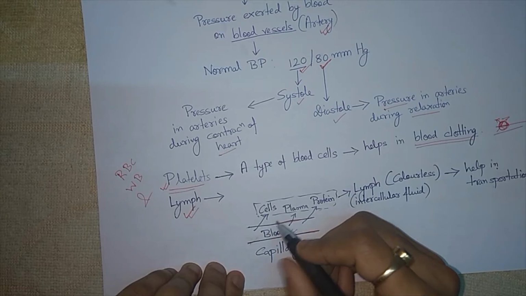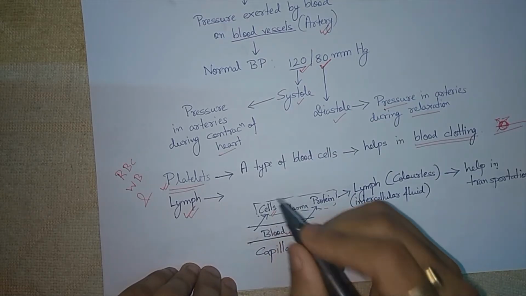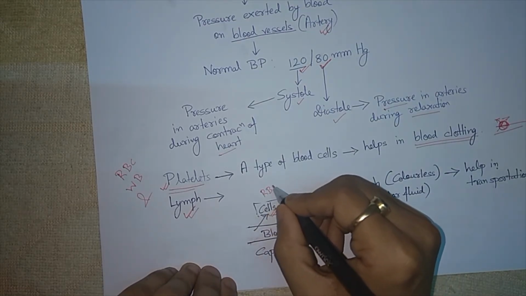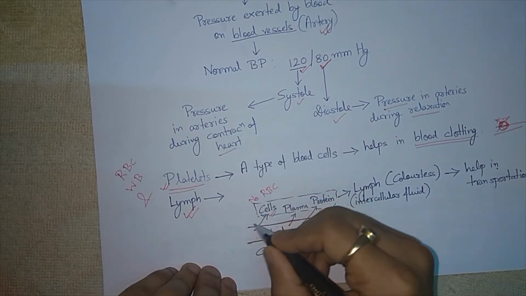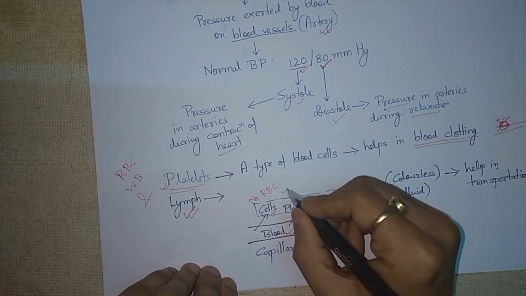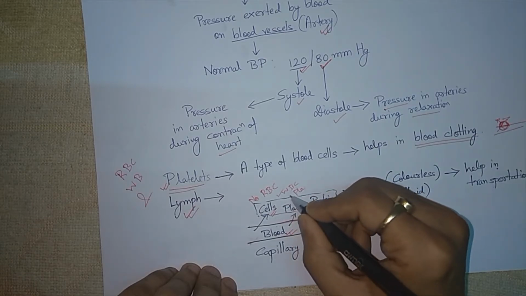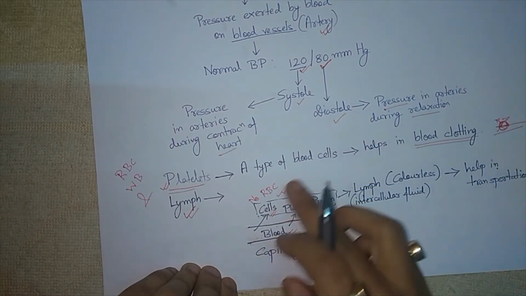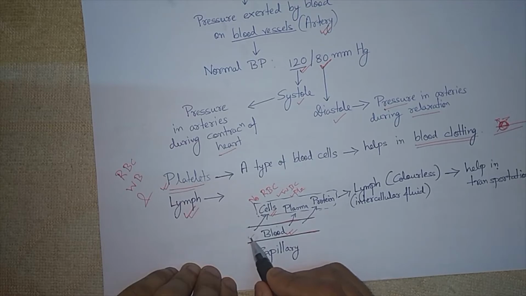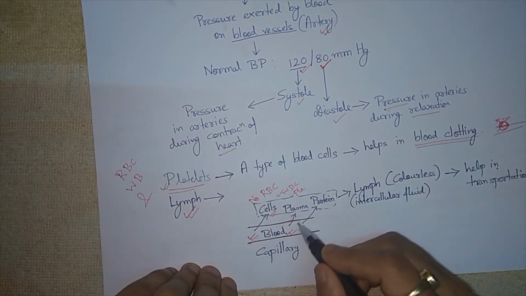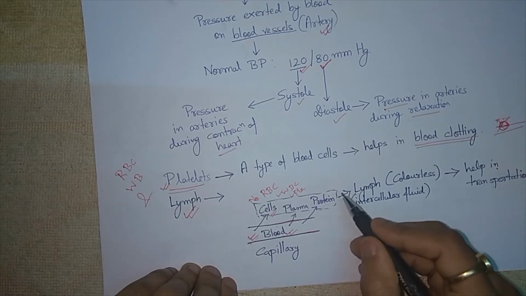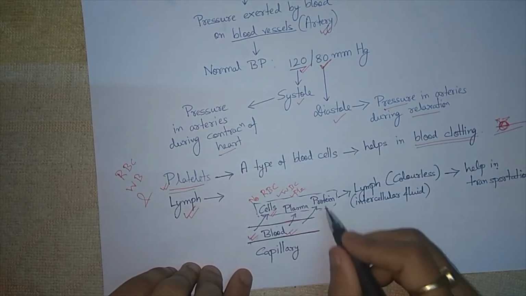From blood, sometimes cells, not RBCs, except RBCs, WBC and platelets, can be there, but no RBC. RBCs will always be inside the capillary. So cells, sometimes plasma and sometimes proteins come out from the capillary.